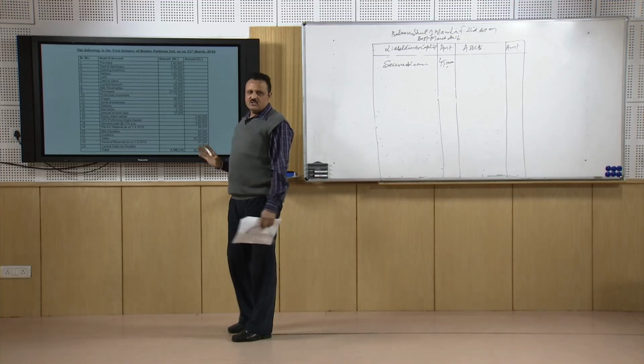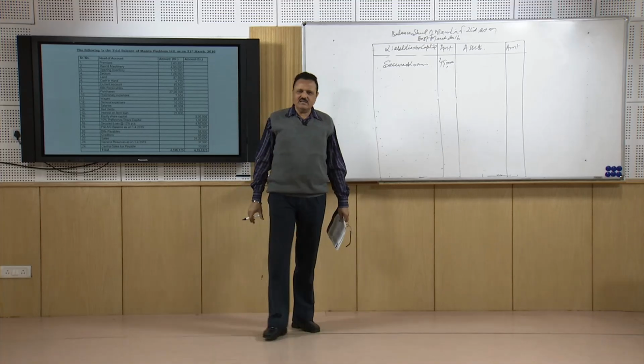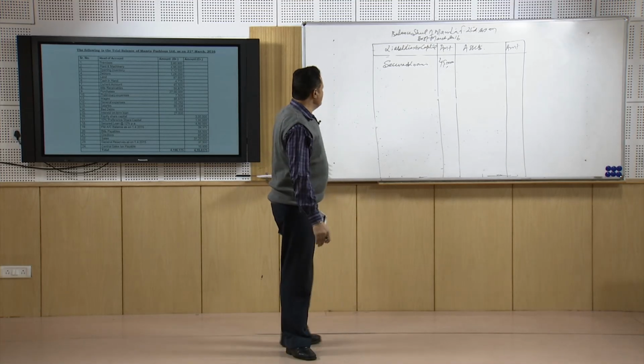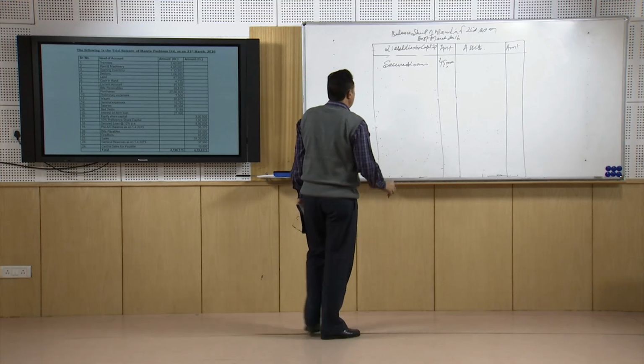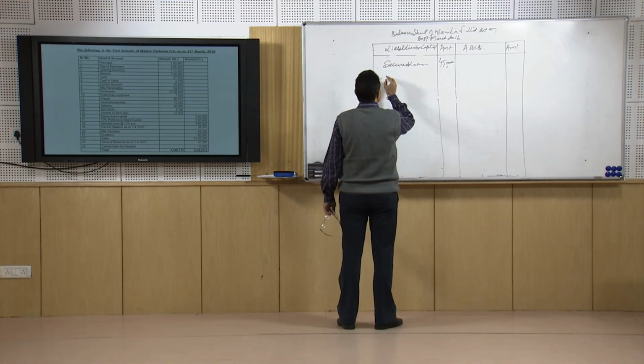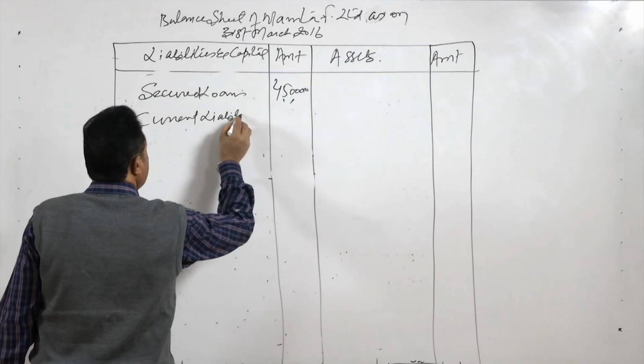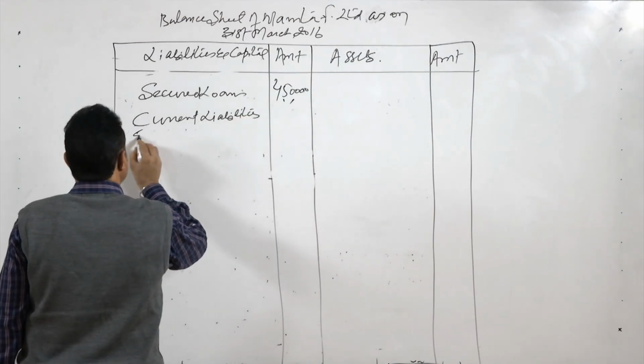This company is using only two long term sources, one is the share capital and second is the term loan, that is a secured loan of 4,50,000. Now after this we will have to go for the short term sources. So we write here current liabilities and provisions.